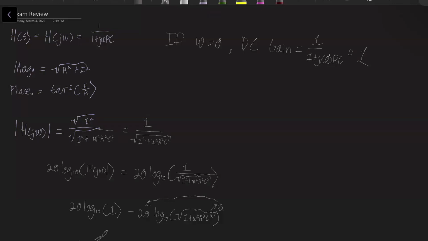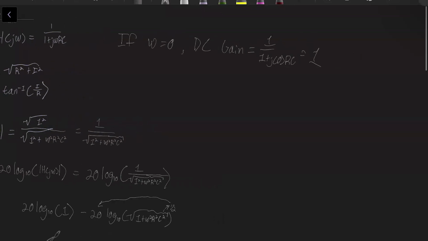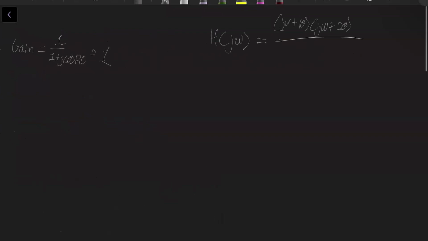Awesome. And I'll give the beginning of a more complex example, just setting up the equation. So let's say our transfer function is some complicated mess. It's like j omega plus 10 times j omega plus 20 over j omega minus 5 times j omega plus 40, right?